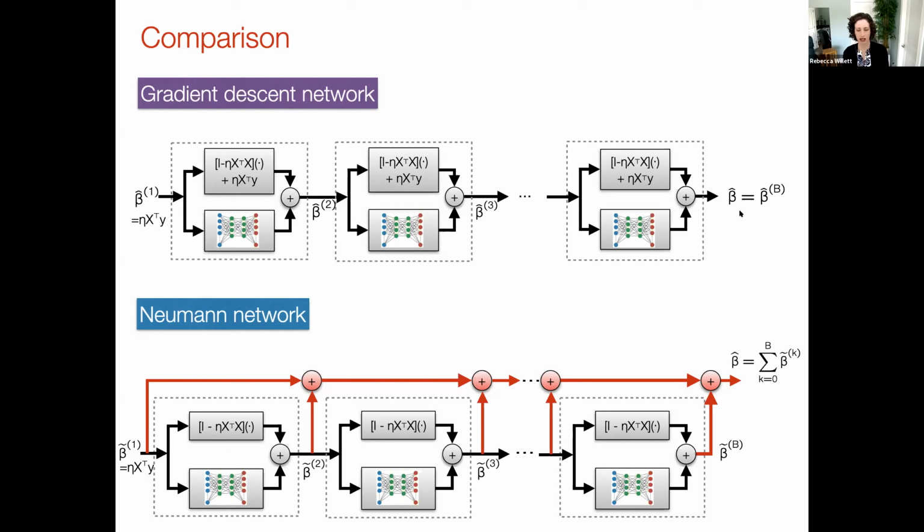So if we think about the gradient descent network, the final result or the final estimate is simply what's coming out of the last block. And so any change made to the first block is only felt after it's passed through the remaining b-1 blocks. In contrast, because we started with this Neumann series starting point, we have mathematical justification for somehow cleaving off the output of every single block in this diagram and adding them all together in order to produce our final estimate.